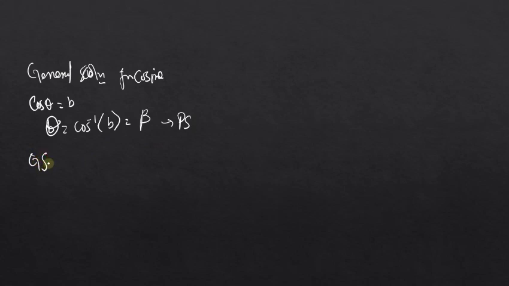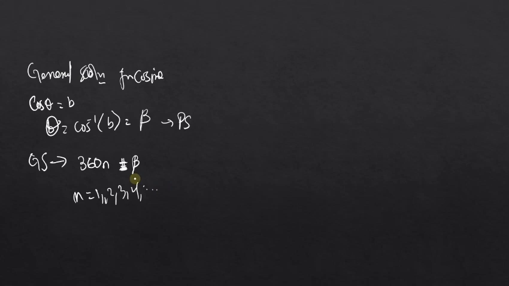Our general solution will now be equal to 360 degrees n plus or minus beta. This is our expression for our general solution, right? And n can be any integer: 1, 2, 3, 4, 5, and so on.